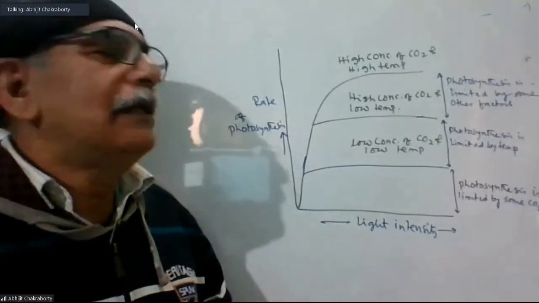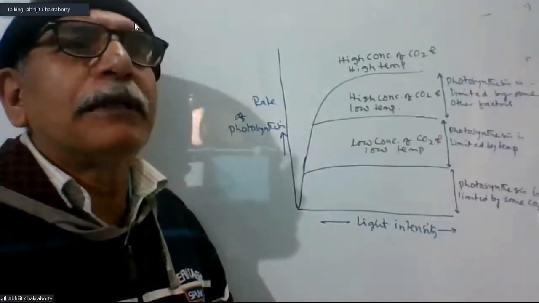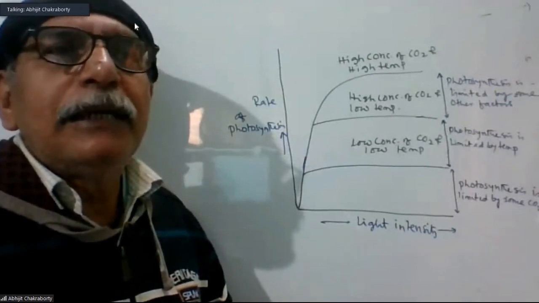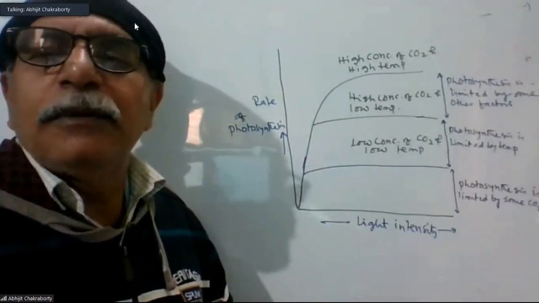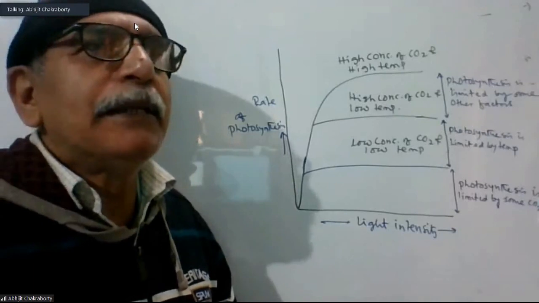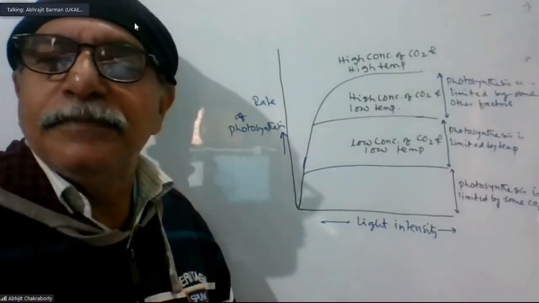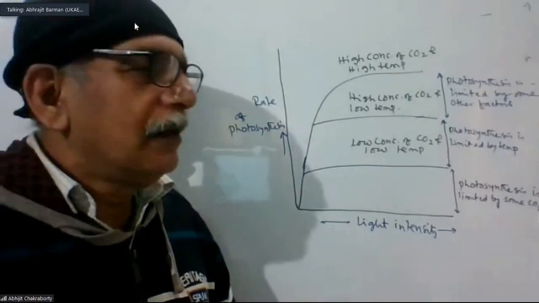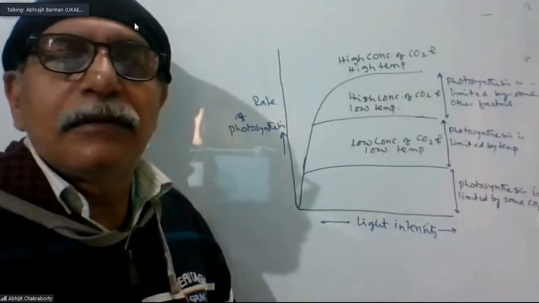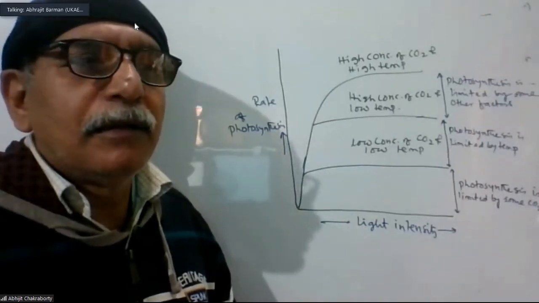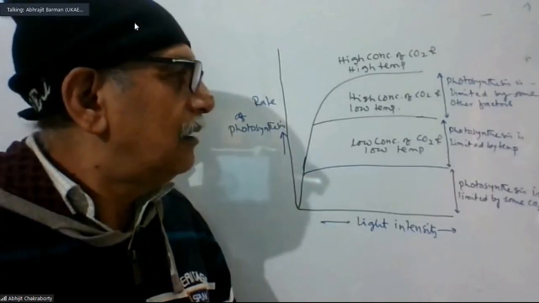So that's why it is said the optimum temperature for photosynthesis varies habitat to habitat. If it is a tropical region, optimum temperature is more. If it is a temperate region, optimum temperature is less. Clear? Yes, sir. Sir, in the bottom right hand side, photosynthesis is limited by some.